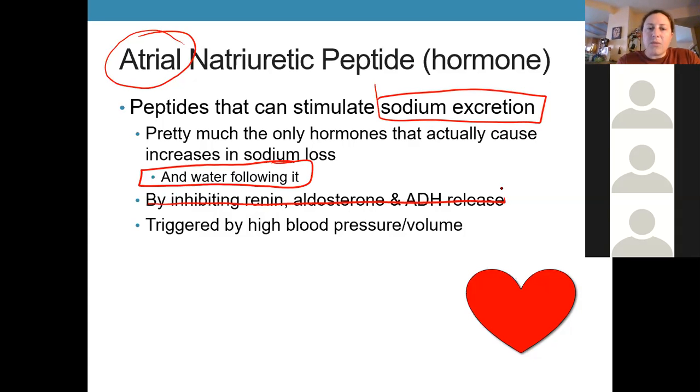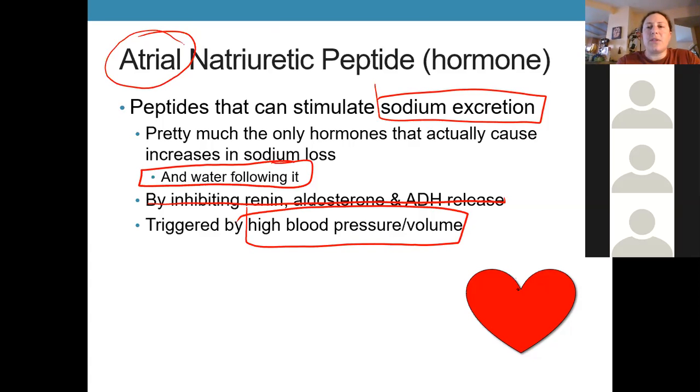So by blocking the renin-angiotensin-aldosterone system, by blocking the release of aldosterone directly from the adrenal glands and blocking the release of antidiuretic hormone from the pituitary, we basically set up conditions where we reabsorb less sodium and therefore less water. And this is triggered if we have high blood pressure and blood volume.